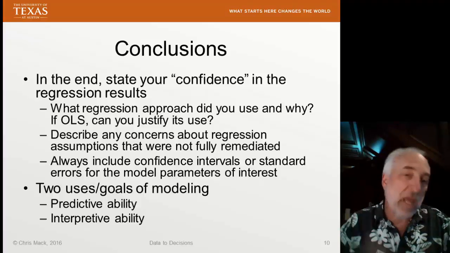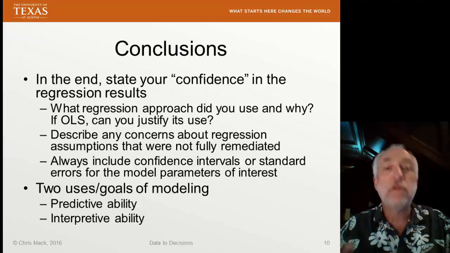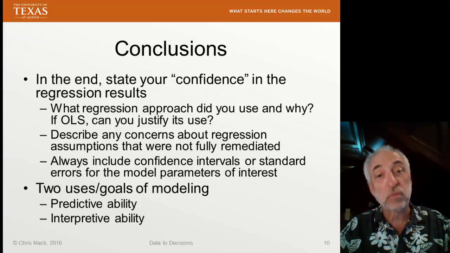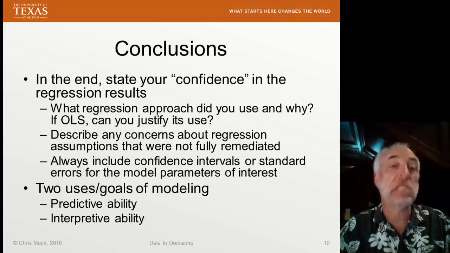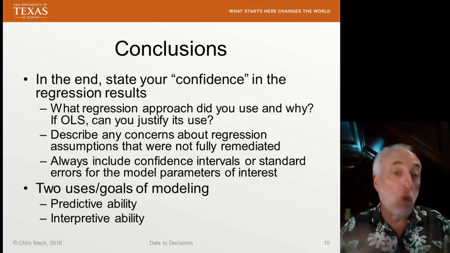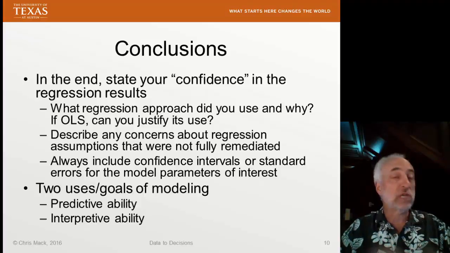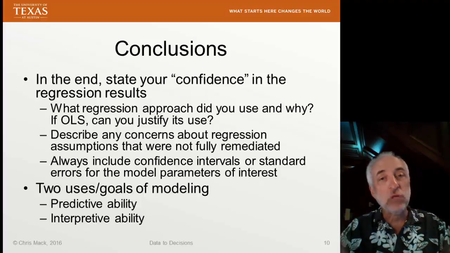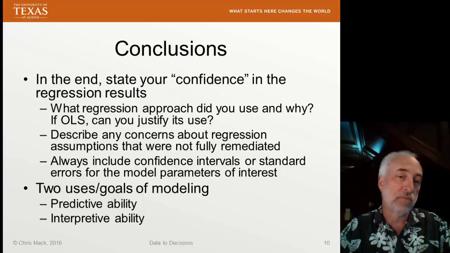People who read your paper or see your results are not going to be able to figure out what these confidence intervals are unless you give them all the data and they can reproduce these results themselves. So it's very important that you supply standard errors or confidence intervals for each of these items.